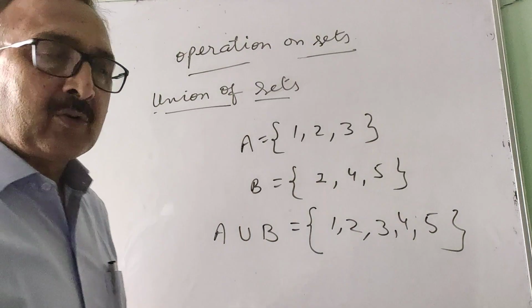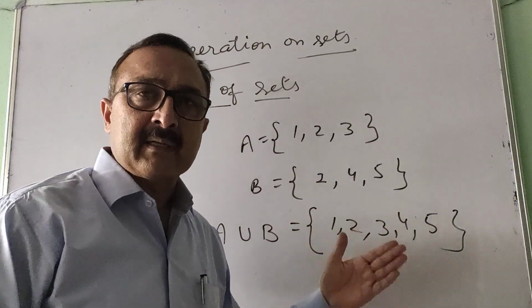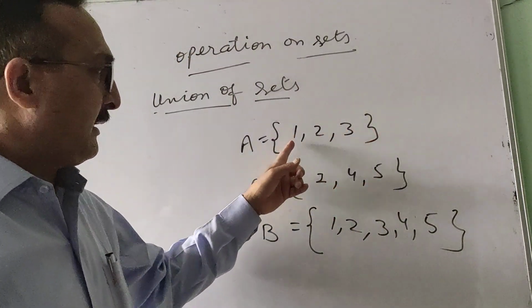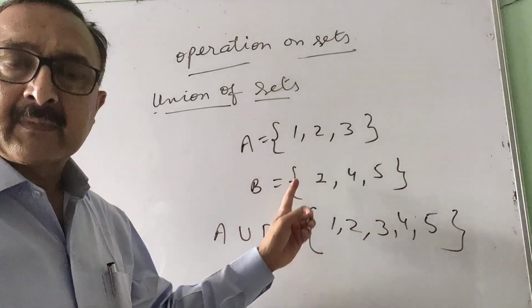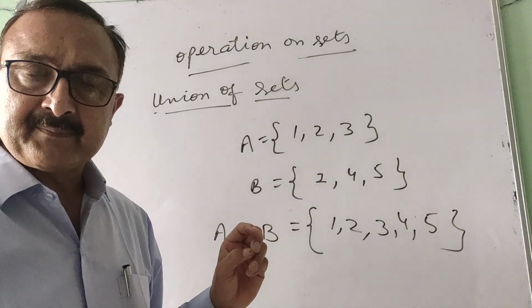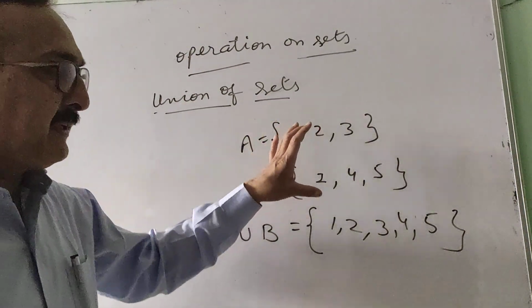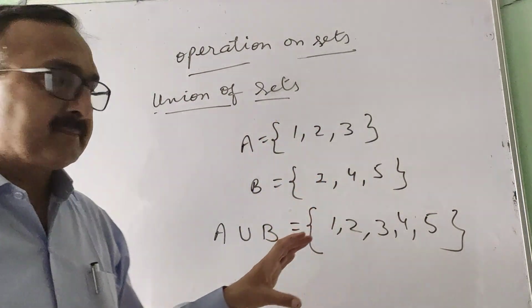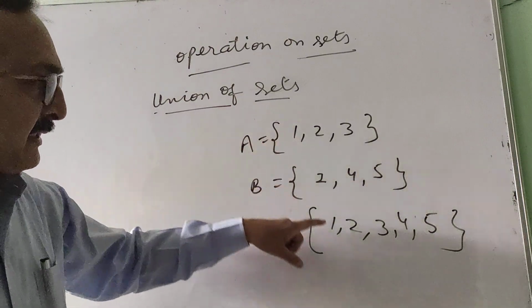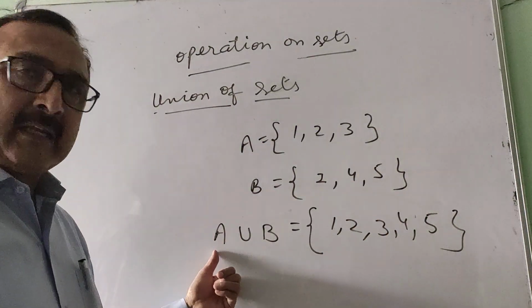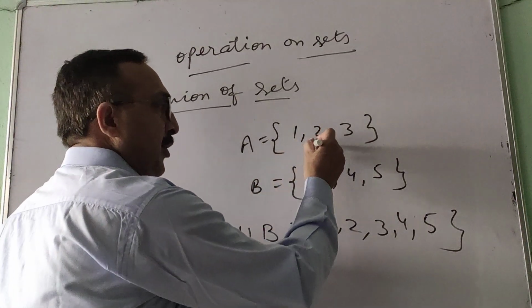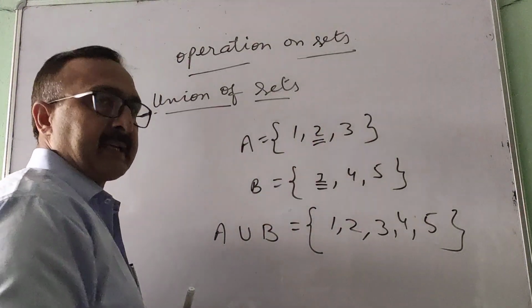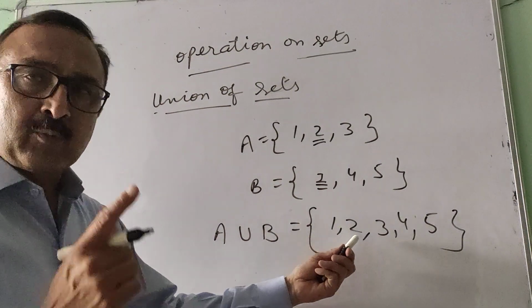So now what is the result? In set A there are 3 elements. In set B there are 2 elements. When we combine them, we club them, you see there are 5 elements in A union B. That means one element is common in both the sets, so we write it one time.